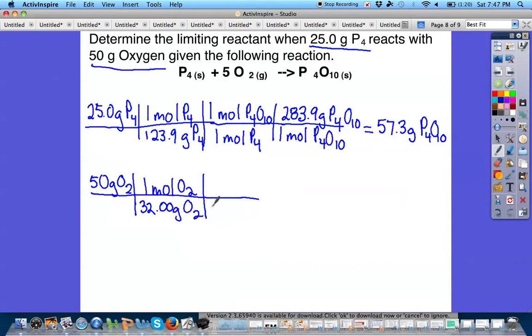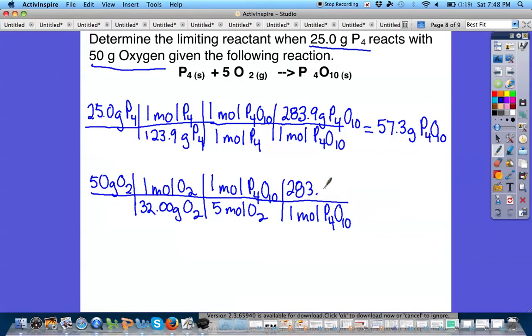We have 5 moles of oxygen, and we have 1 mole of P4O10. The molar mass is still going to be 283.9 grams.